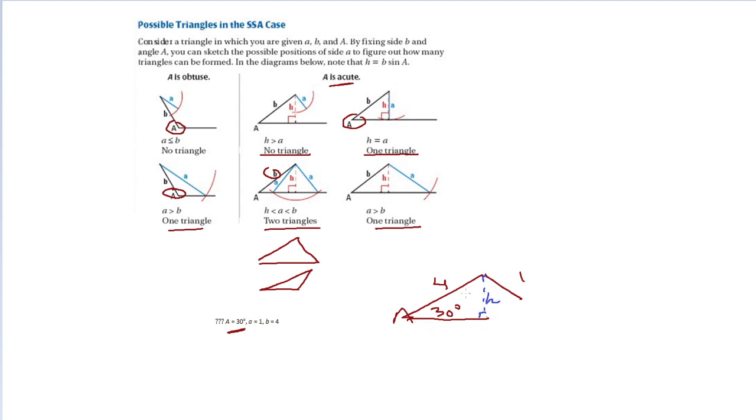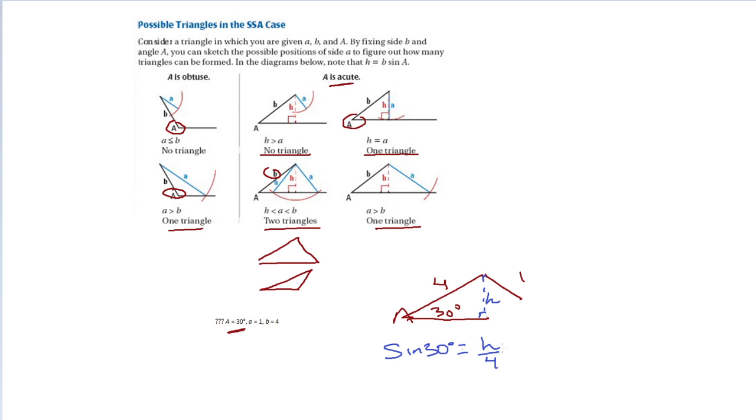Well, notice this is a right triangle now. So keep that in mind, that's a right triangle. So I can do sine of 30 equals h over 4.